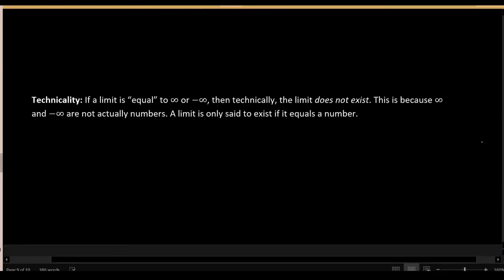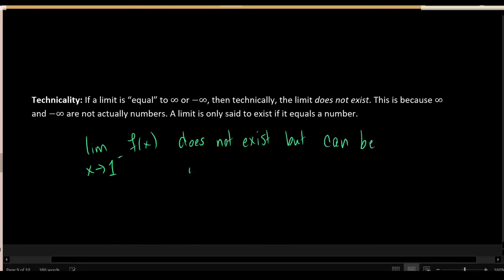So we might say something like, the limit as x approaches 1 from the negative direction of f of x does not exist, but can be labeled positive infinity to indicate the fact that as we approach x equals 1 from the right side, the y values keep getting larger and larger and larger.